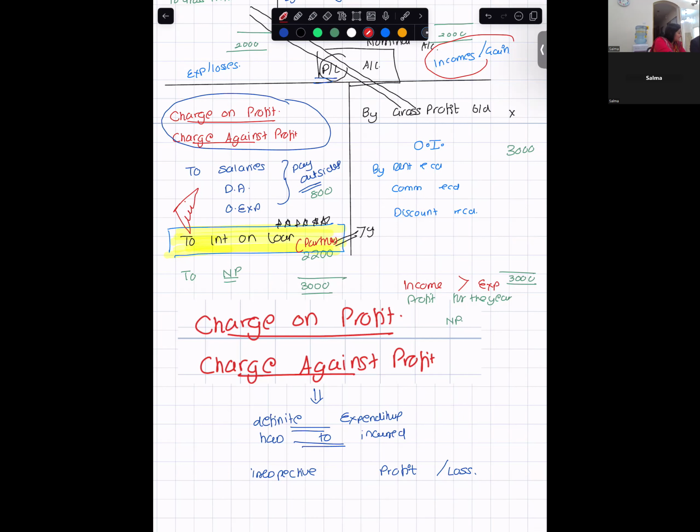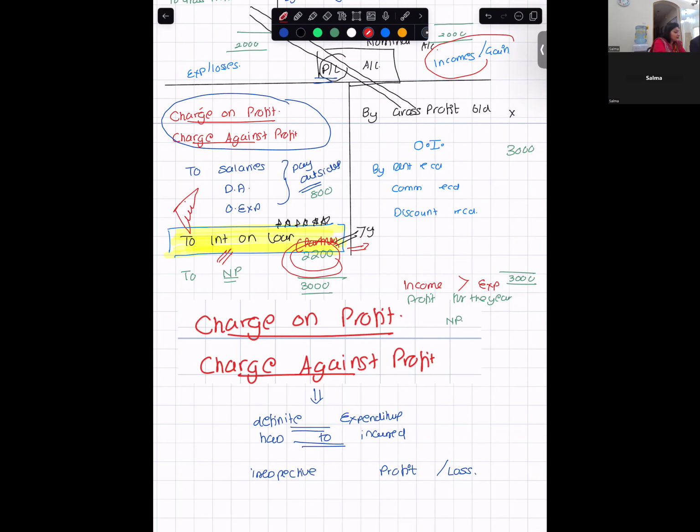This is one expenditure that has to be given to the owner. Partner is the owner. I am giving him interest, but still we treat the partner as what? Outsider, and we give him interest on loan, and it is treated as a charge on profit. Okay? Then you get something which is called your profit.